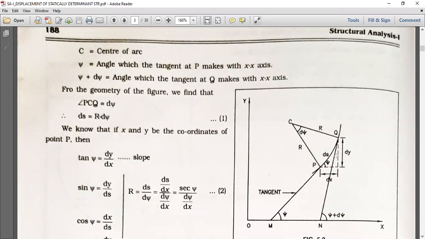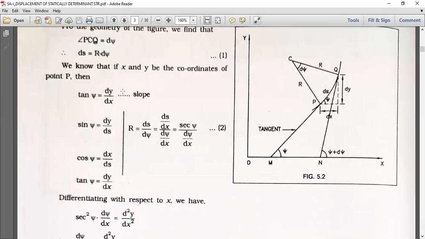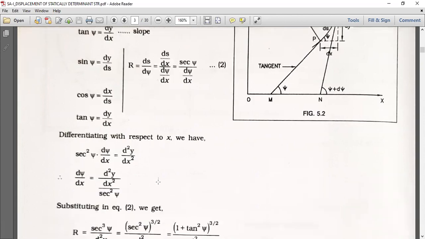If x and y are the coordinates of point P, then tan psi is equal to dy by dx, the slope, sin psi is dy by ds, and r is equal to ds upon d psi, which is ds upon dx divided by d psi upon dx, that is sec psi divided by d psi upon dx. Cos psi is equal to dx upon ds, and tan psi is equal to dy upon dx.